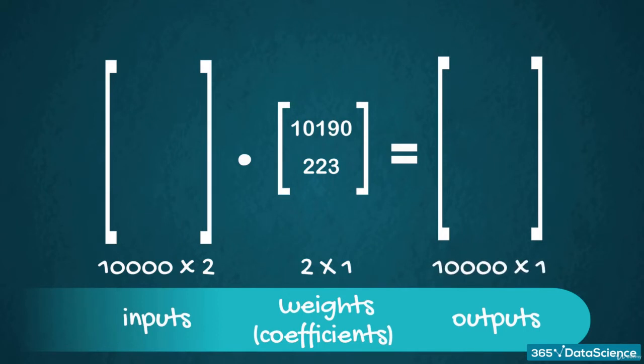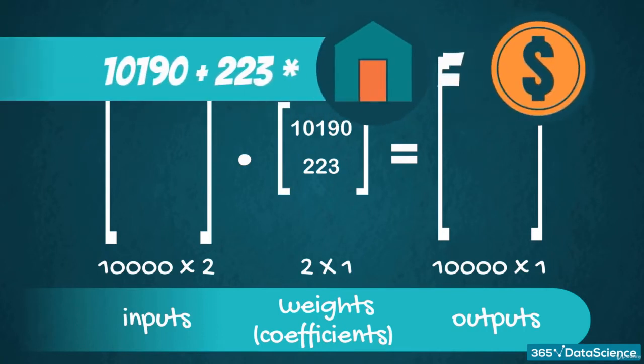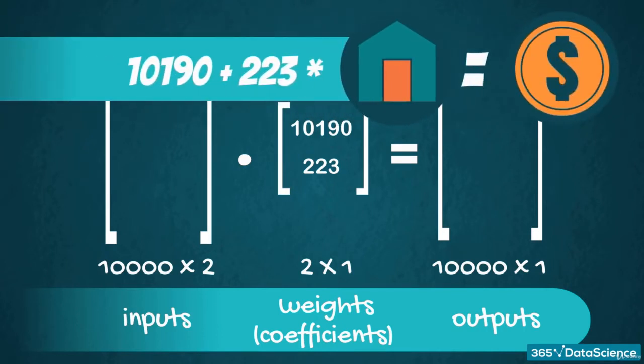This shows us that no matter the number of inputs, we will get just as many outputs. Moreover, the equation doesn't change, as it only contained the two coefficients, 10,190 and 223. This concept will turn quite helpful in your machine learning studies later on.